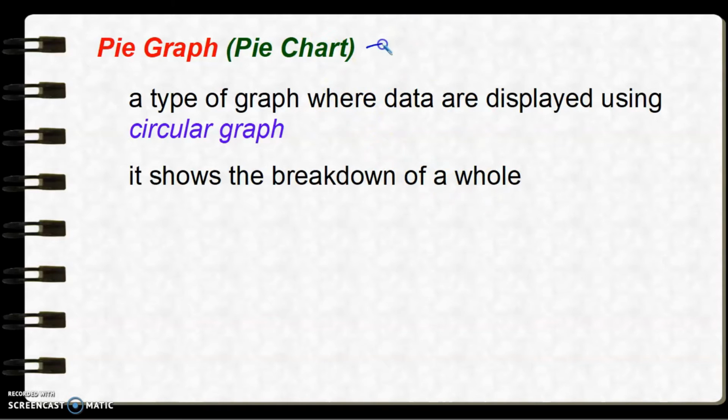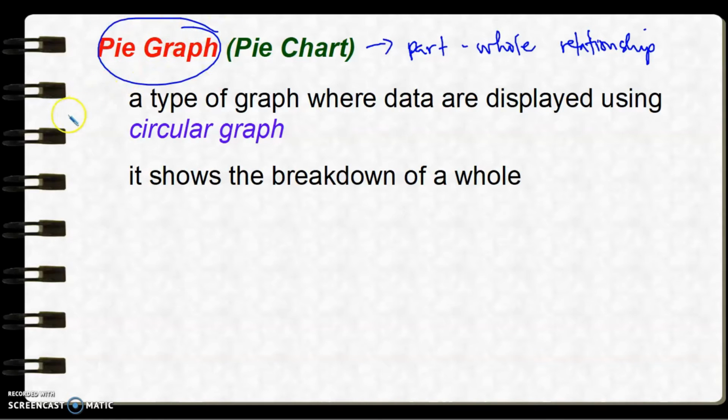It is different from the two other graphs because aside from being circular in shape, it also shows the part-whole relationship. So if you want to show the relationship between parts and the whole, you are going to make use of a pie graph.